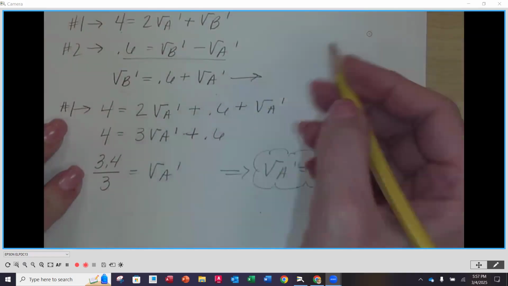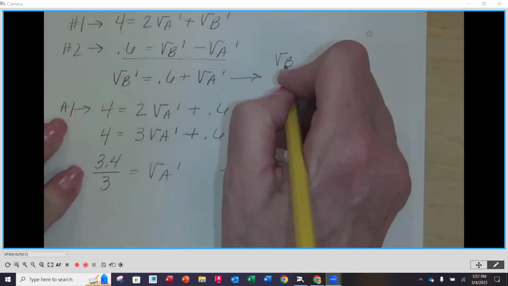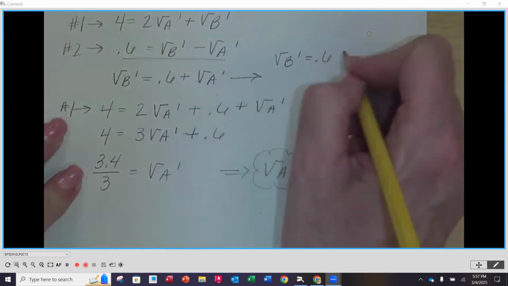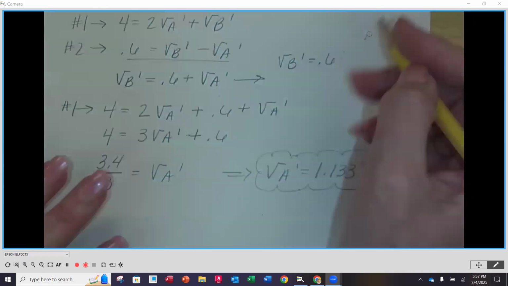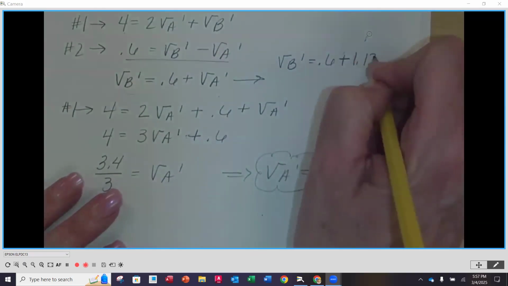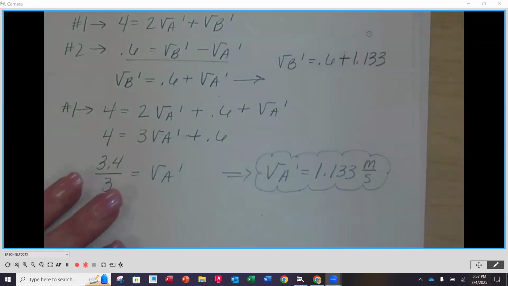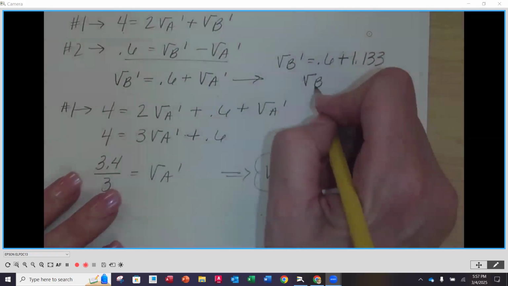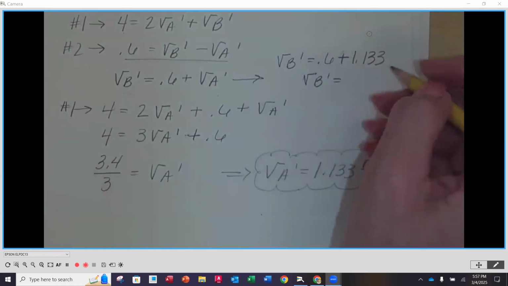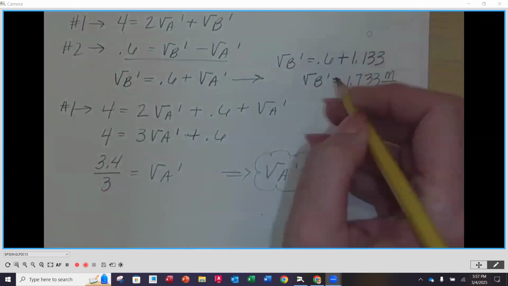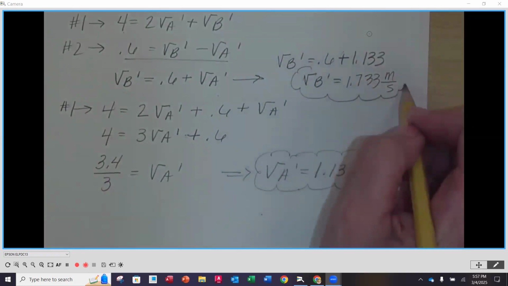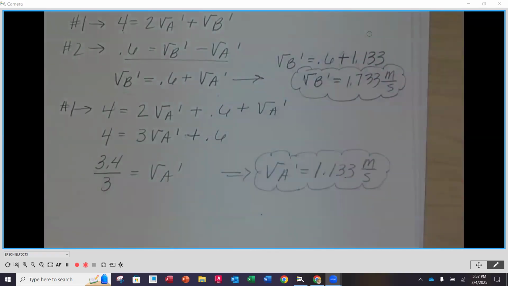So VB prime is equal to 0.6 plus 1.133. My VB prime then is going to be equal to 1.733 meters per second. Again, not a box around this, not a final answer, but I do need it.